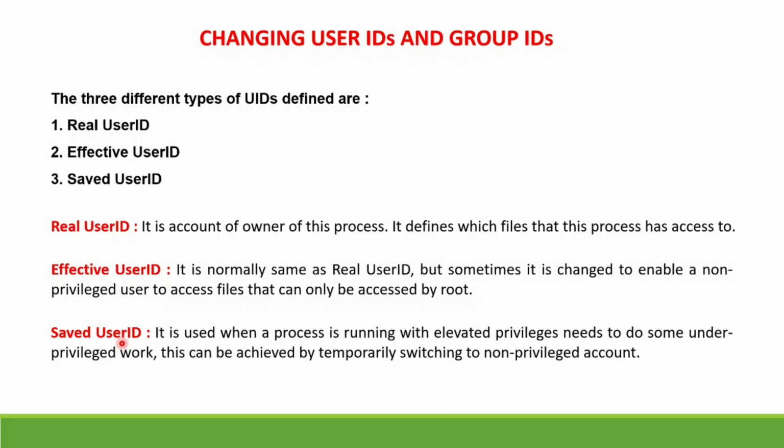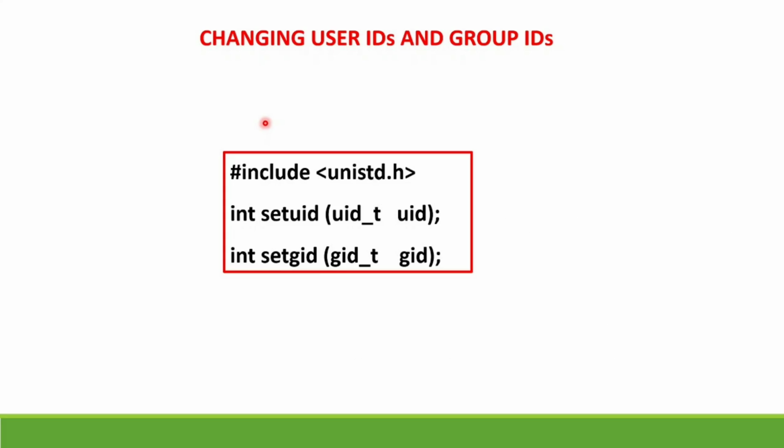Okay. Now we will see how the changes of user ID and group IDs can be done. We can set the real user ID and effective user ID with the setuid function. So this setuid function is used to deal with UIDs, that is, user IDs. It is possible to set the real and effective user ID using this function.